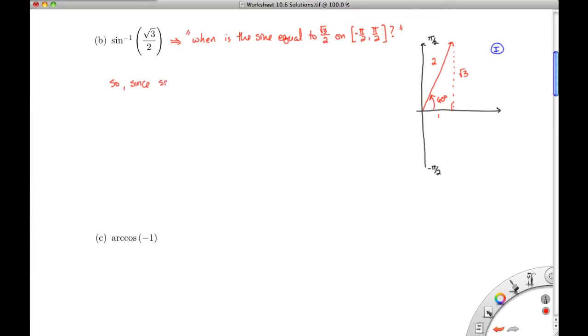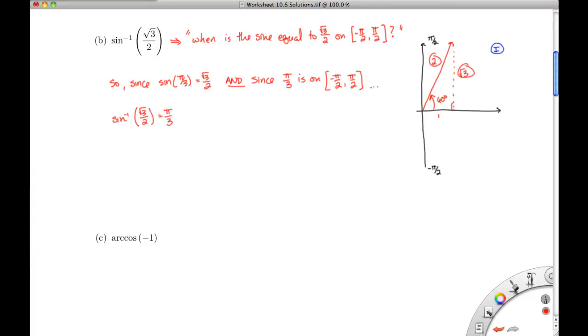Since the sine of 60 degrees, or in this case π/3, that first quadrant angle, is equal to the square root of 3 divided by 2, opposite over hypotenuse, and because we have to consider this also, since π/3 is an angle on the interval from -π/2 to positive π/2, then we can conclude that the inverse sine of root 3 divided by 2 is equal to π/3.